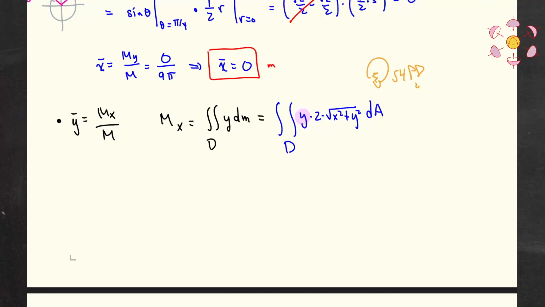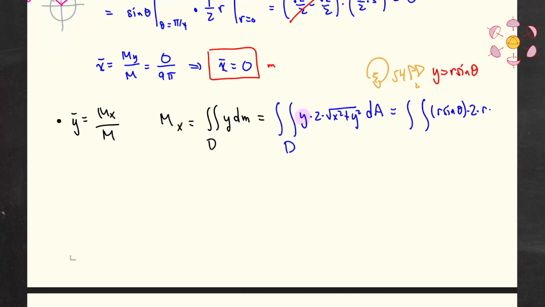This time, let's remember y is r sine theta. Again, you should have these memorized. So let's set up our integrals. r sine theta is our y value. 2 times r was, again, square root of x squared plus y squared.